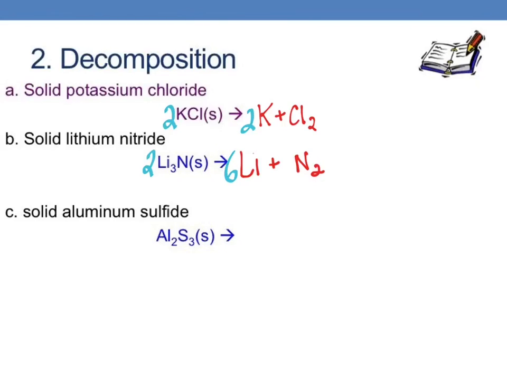All right. Aluminum sulfide breaks into what? Aluminum and sulfur. What's the formula for elemental sulfur? S8.